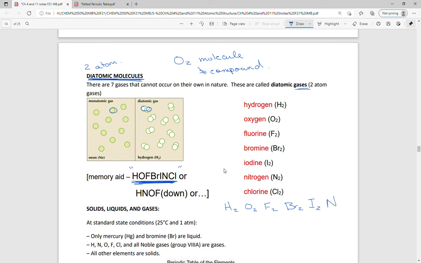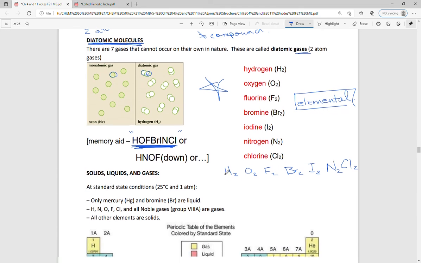Then, getting to the inkle part, nitrogen gas and chlorine gas. Always, always, when these are elemental, as a pure element, they hang out with 2 atoms of that kind. So we'll come back to these because they really are, like I say, a pain in the butt. I feel like they're evil thugs, the Hofbrinkels. They're out to get you.